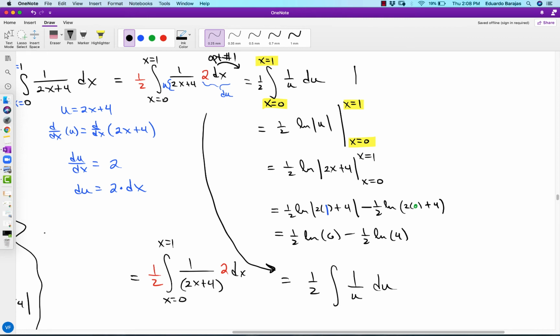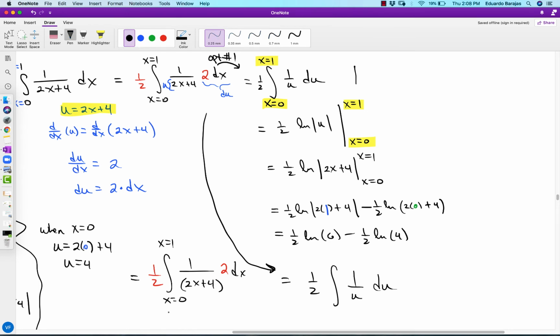So I can say when x equals 0, what is u going to be? Well, u is defined right here. u is going to be equal to 2 times blank plus 4, and that blank would be a 0. So u becomes 4.